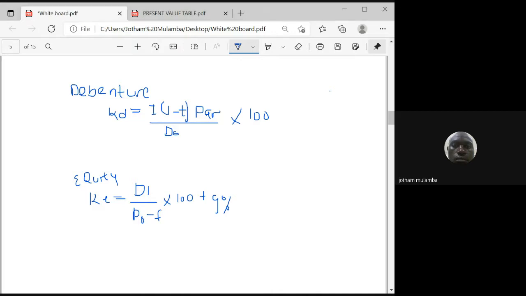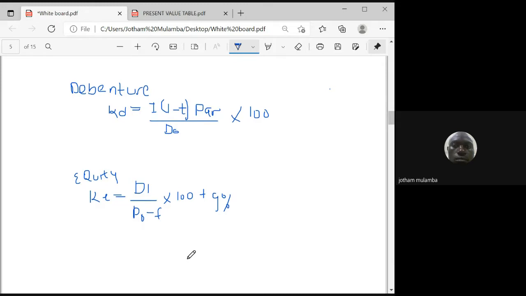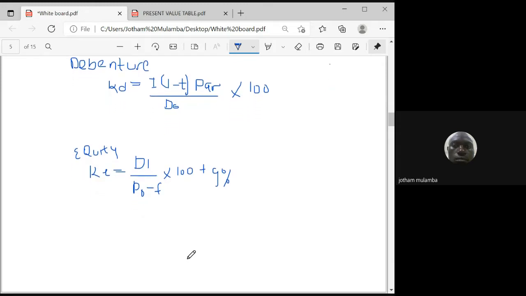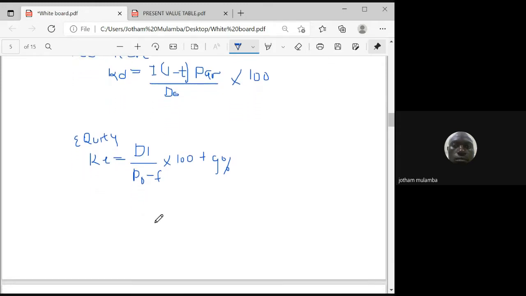In some questions you'll be given the D1 dividend expressly, but for this one you have not been given it expressly, so that's why we have subtracted that. So do 10, divide by P, the price is 20, minus flotation cost.